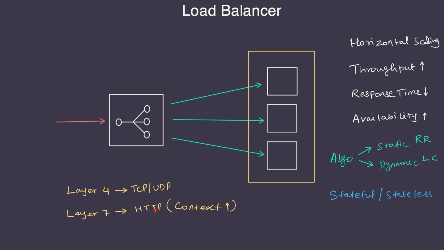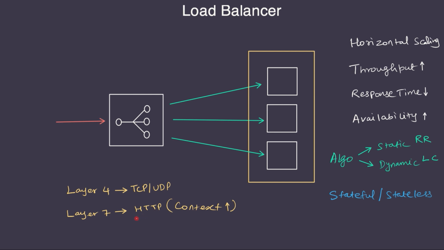For example, if you're talking about web traffic, then the load balancer will be able to see the HTTP header, URL and all that information, and based on that it will be able to decide where to send that traffic. For example, if you have configured your load balancer to send requests to a particular URL to always go to one particular web server, then the load balancer will be able to see the URL and send the traffic to the right backend server.